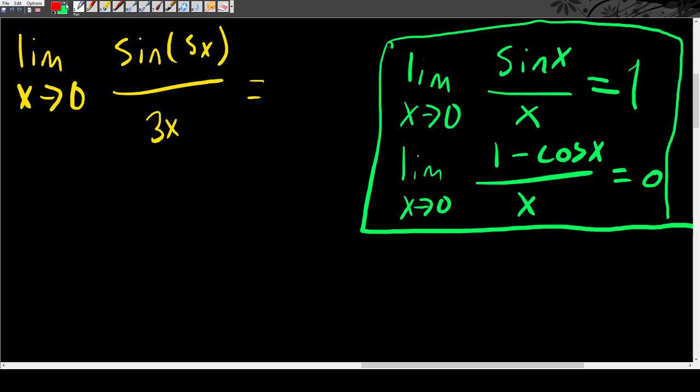So that's basically how we're going to solve this one. I'm just going to take the 5 and the 3 out. I'm going to multiply by 5 over 5 because I want to be able to do this method.